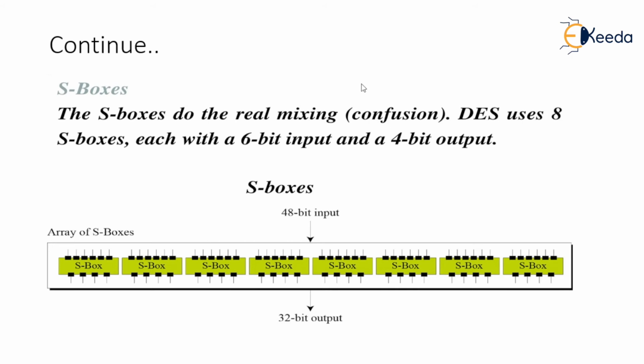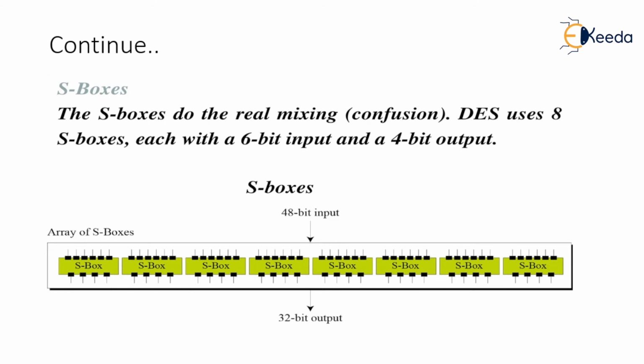DES uses 8 S boxes, each with a 6-bit input, which produces 4 bits of output. So how does the S box work? In total there are 8 S boxes, each with 6 bits of input and 4 bits of output. Thus, out of the 8 S boxes, you get an output of 32 bits, 4 bits from each box.